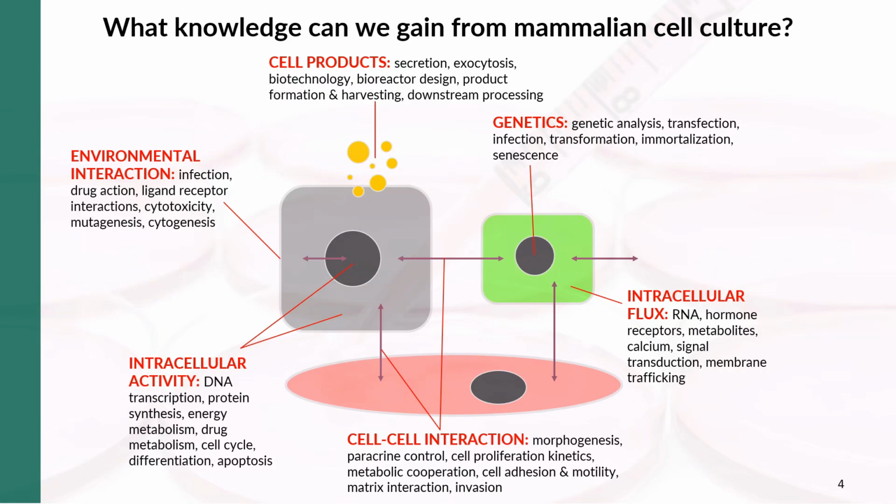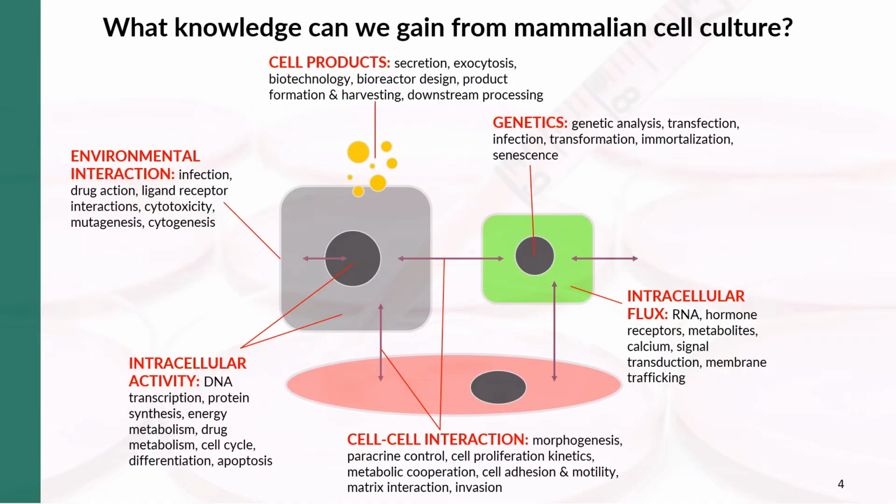These include direct physical contact between adjacent cells, or signaling through different soluble molecules like growth factors, cytokines, and even interactions with the extracellular matrix, that means the environment around the cells. You can also look at intracellular activity, what is happening inside, right?